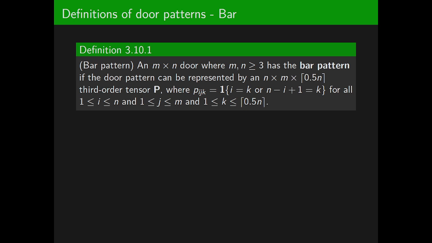The most different thing, perhaps, is the bounds of k, because the bounds of k is no longer 1 to n inclusive. It's 1 to the ceiling of 0.5n. So that's the difference. Basically, it's going to be chopped off halfway. So the bounds in full are i in 1 to n inclusive, j in 1 to m inclusive, k in 1 to the ceiling of 0.5n inclusive.